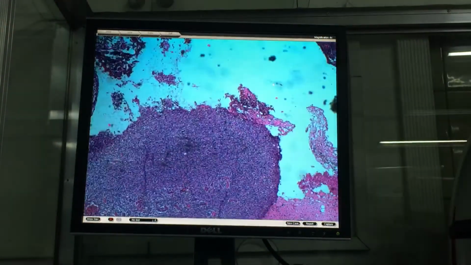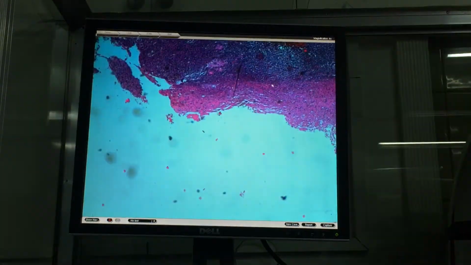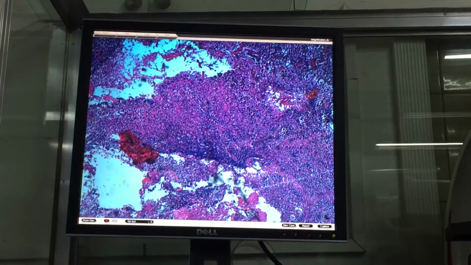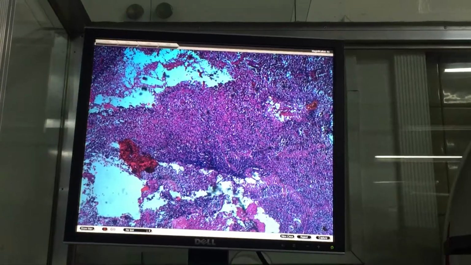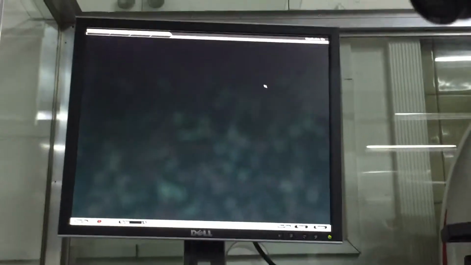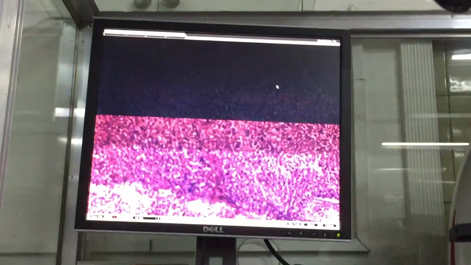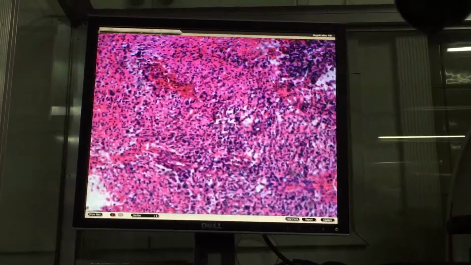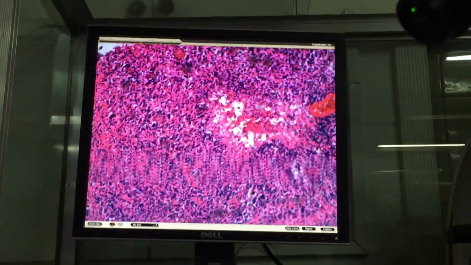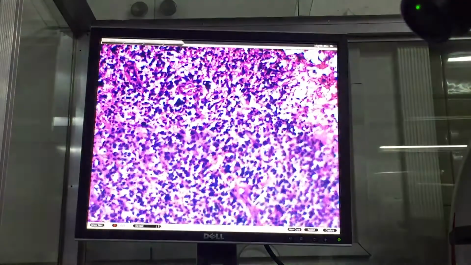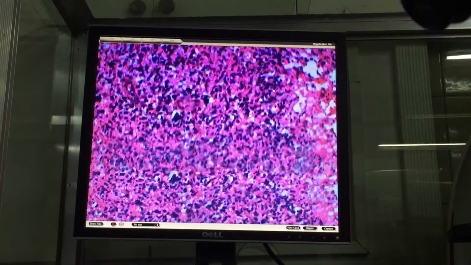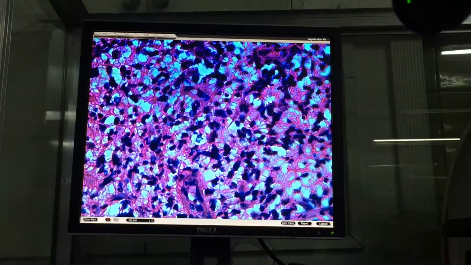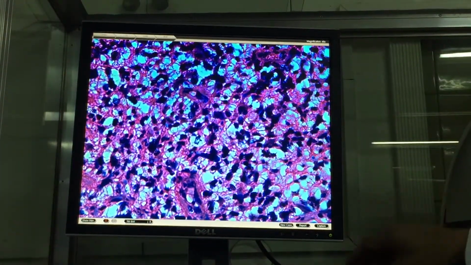It's difficult, you'll lose points here. Let's look at the cells. High power. What do you think? Malignant or benign? Malignant. High magnification, definitely this is malignant.